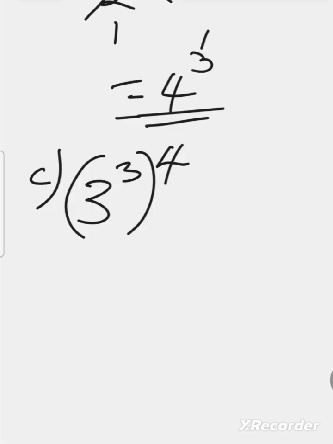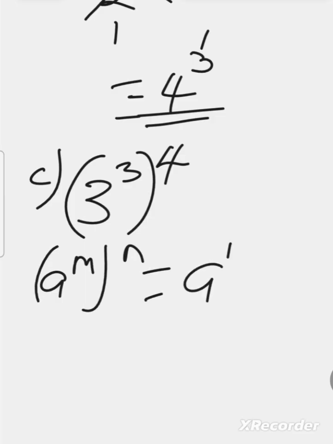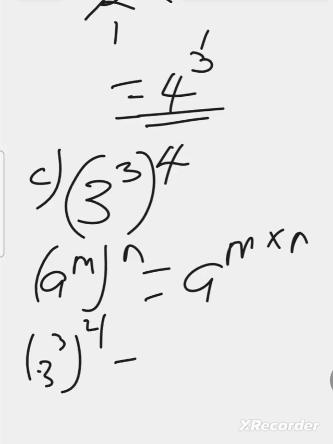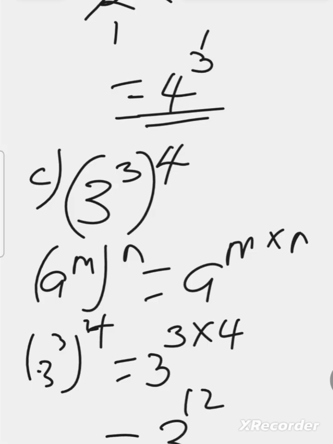And the third law of indices states that if you are given A power m raised to n, this will be the same as A power m times n. So from our example, 3 power 3 raised to 4 will be the same as 3 power 3 multiplied by 4, and this is the same as 3 power 12.